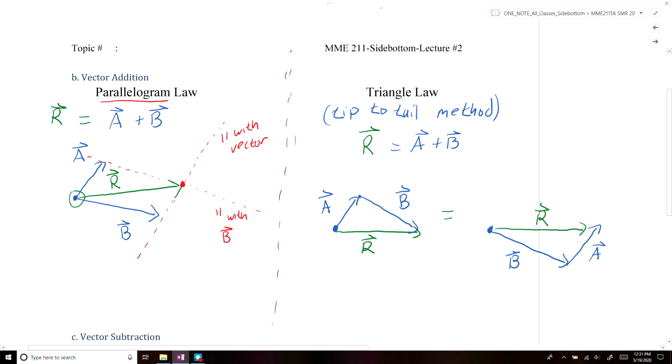Alright, so in short, it doesn't matter the order in which you add two vectors together. So vector A plus vector B is the same thing as vector B plus vector A.